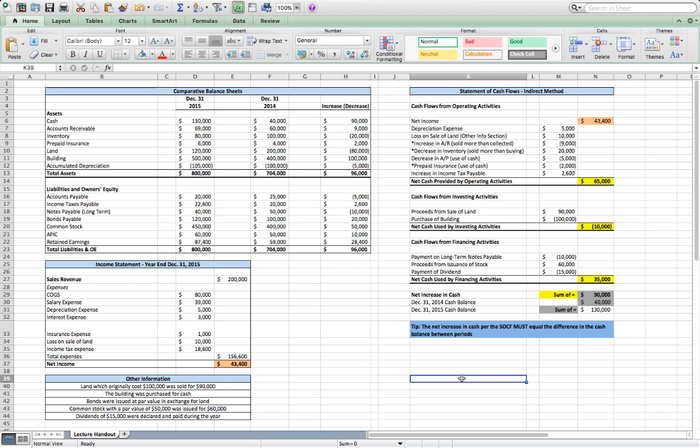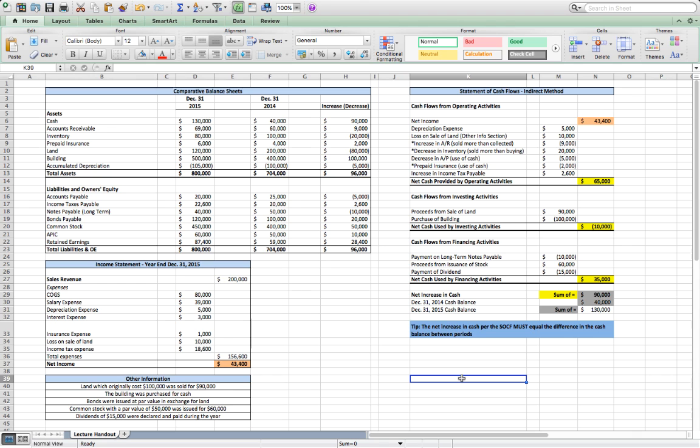So the main things that you're going to have to account for as you go forward with the homework and the exam are things like depreciation, loss or gain on sale of land or bonds, proceeds from common stock, changes in inventory, accounts receivable, accounts payable. In this example, we talk on changes to income tax payable and prepaid insurance.